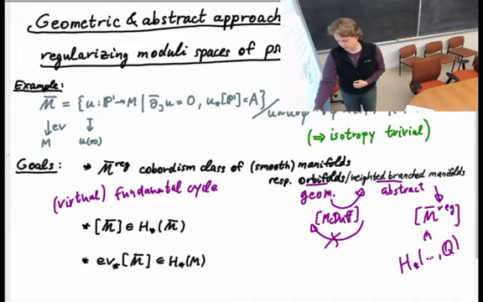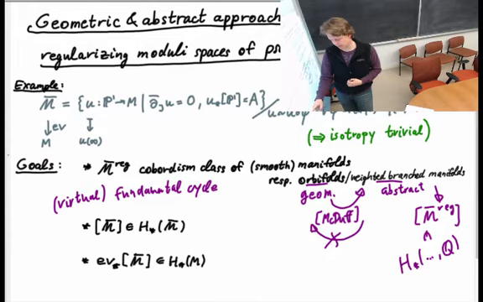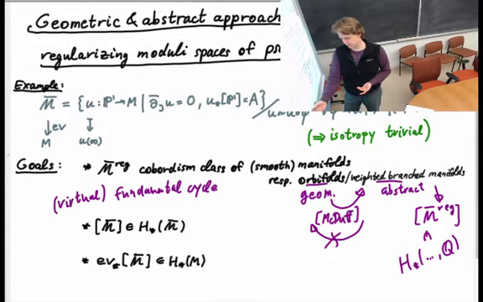This here will be a straight-on homology class in some kind of homology of this compactified space. So I don't see any reason why I would call that virtual. I would call this the fundamental class.